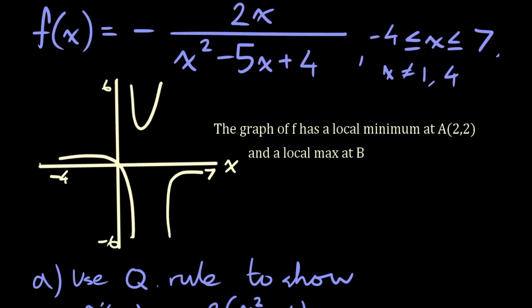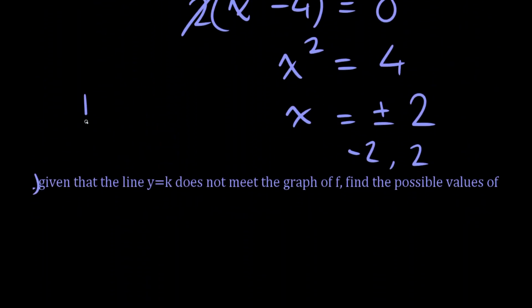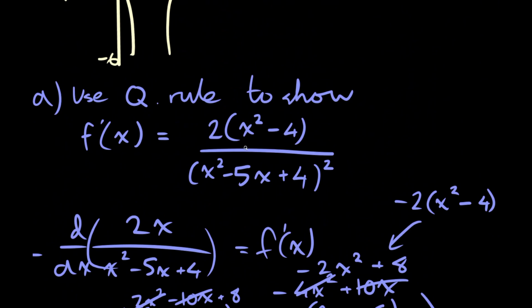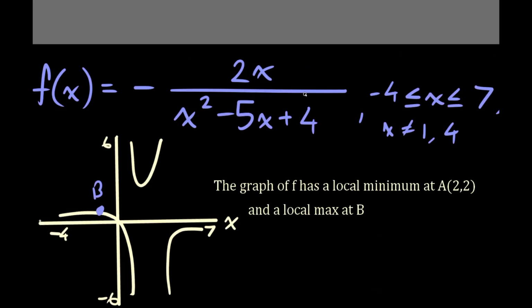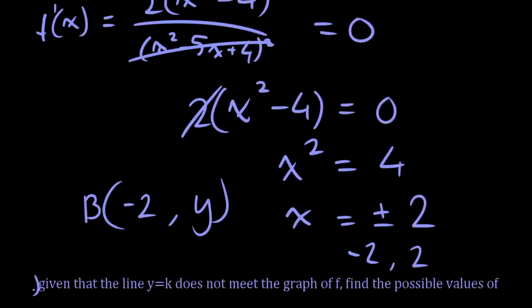And clearly you can see, even if they didn't give you this x value, that this local minimum is further along to the right, which means it's a positive value. And the local maximum looks to be somewhere around here, b. So the x coordinate of the local maximum, b, is going to be -2. And you can find the y by plugging it back into the original function up here, if you really wish, but I'm not going to.